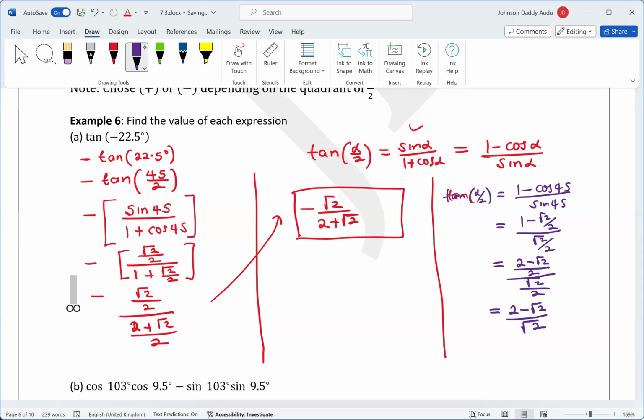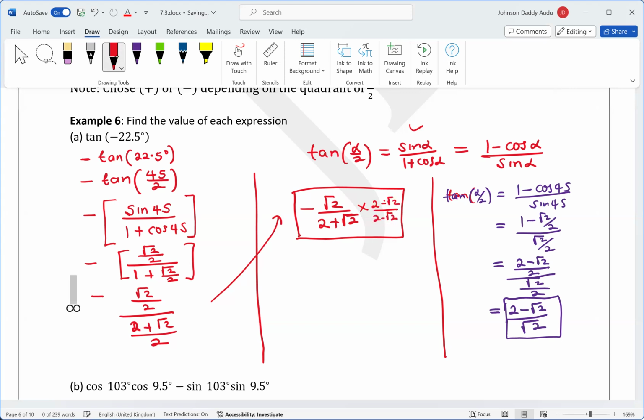Okay, so if you look at these two, are they really the same? So we have this and this one. So we can check if they are the same or not. But to do that, I think we'll need to rationalize. So let's rationalize this a bit. To rationalize this, you have to multiply 2 minus root 2.